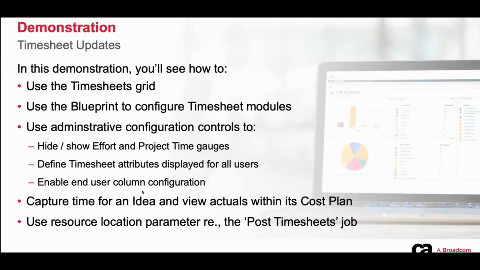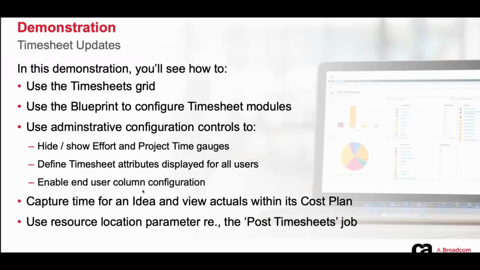As part of that, we'll drill into where that post timesheet job has been updated, and we'll close out with the cost plan for an idea, noting how you record actuals.